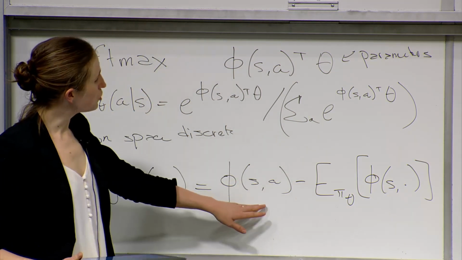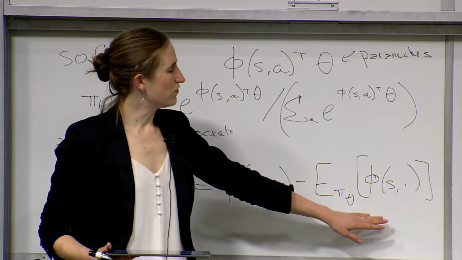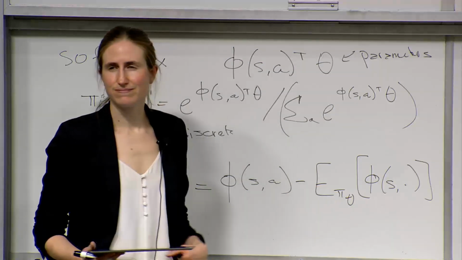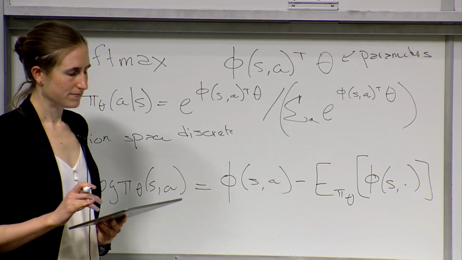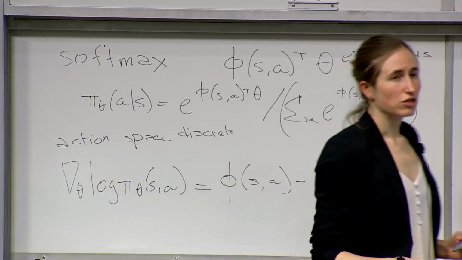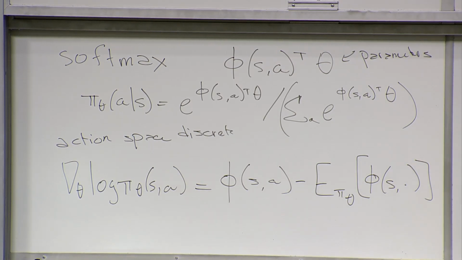So it's saying the features that you observed versus the average feature, averaged over the actions. Okay, so that's differentiable, and you can solve it, and it gives you an analytic form.